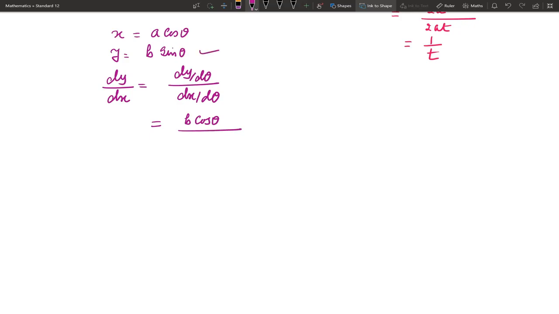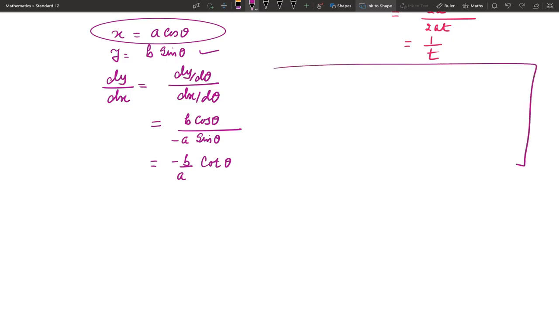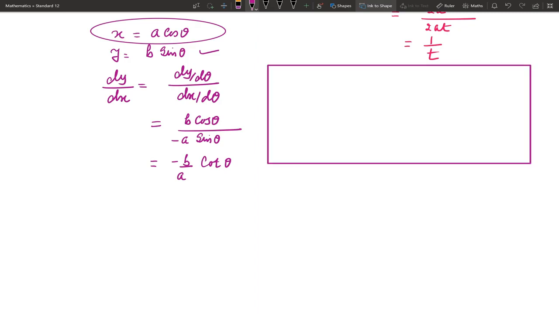Similarly, dx by d theta, derivative of x with respect to theta, minus a sin theta. So this is minus b by a cot theta.